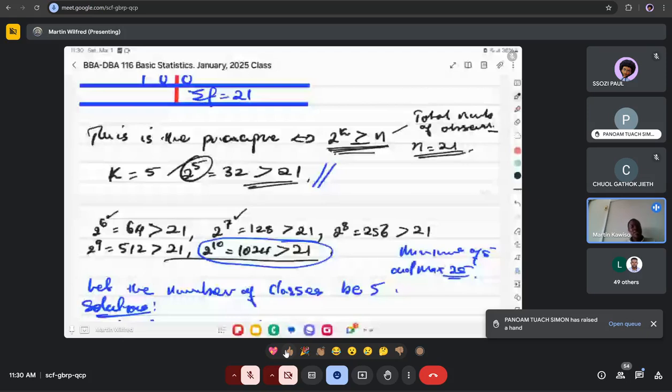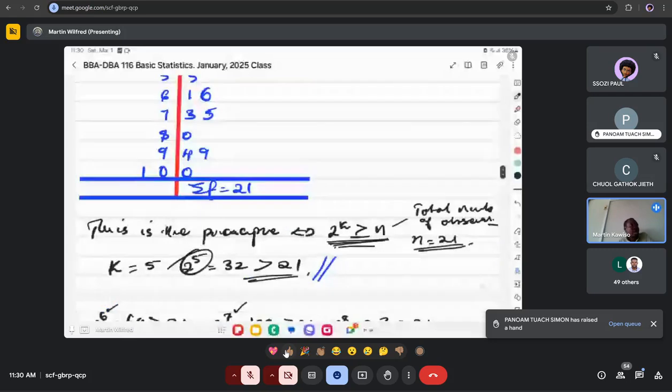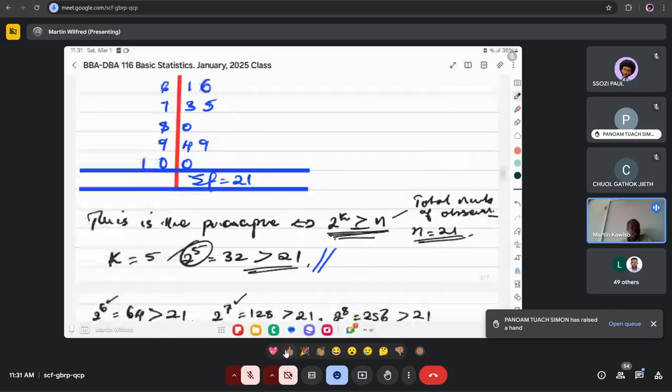You're supposed to be attentive and sense that what they're saying needs to be noted down. So if you noted down those 4 steps, you wouldn't be asking how we are coming up with the 5. Because I say we give you the number of classes, and I explain how we choose the number of classes. And I say we use that principle of 2 to the kth power greater or equal to n. And we are explaining how we get that.